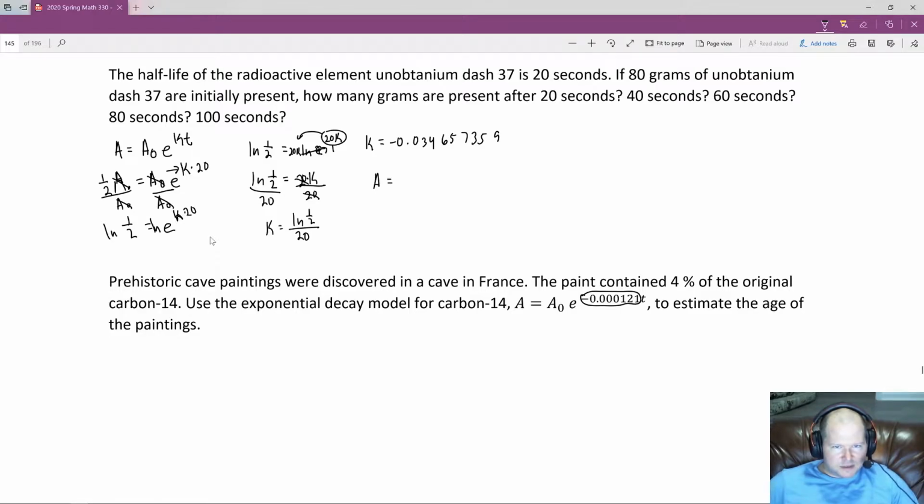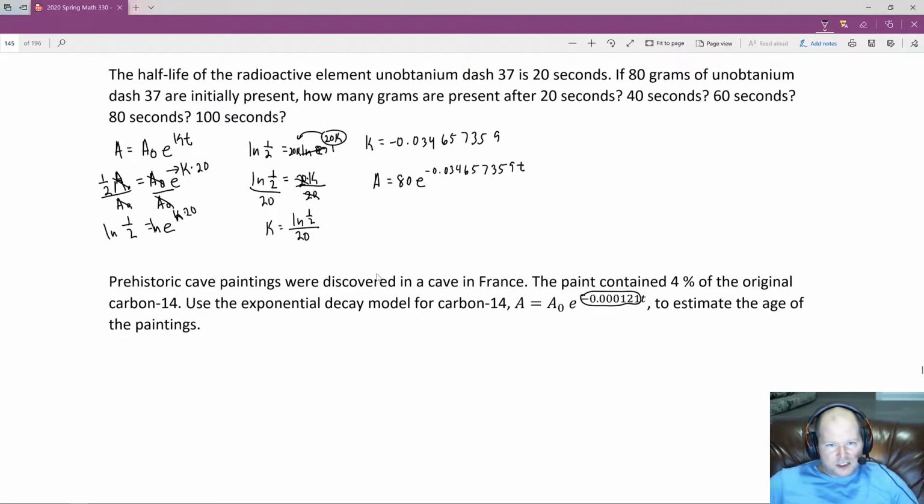A is equal to A initial times e to the negative 0.034657359, and we put the t on. And the initial amount is 80, so I plug it in there.